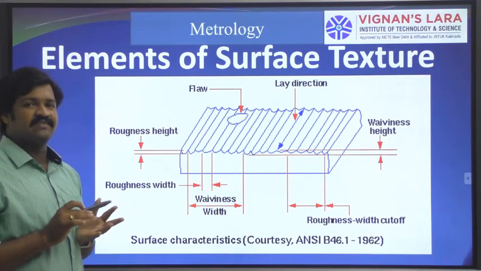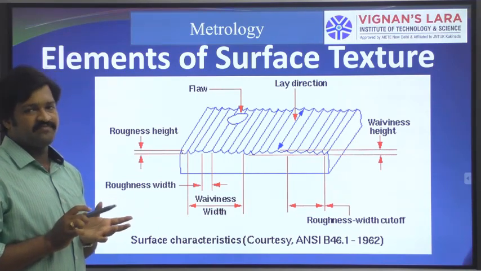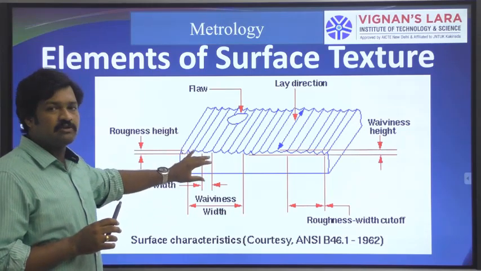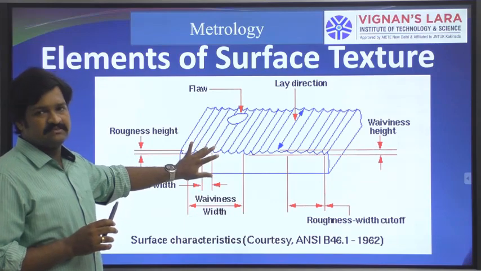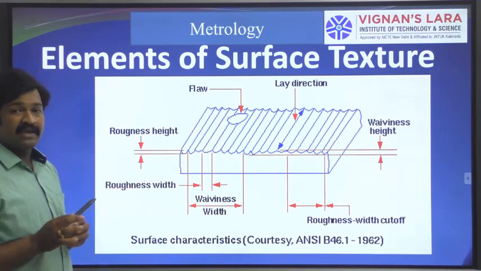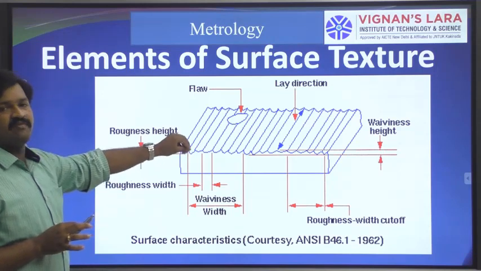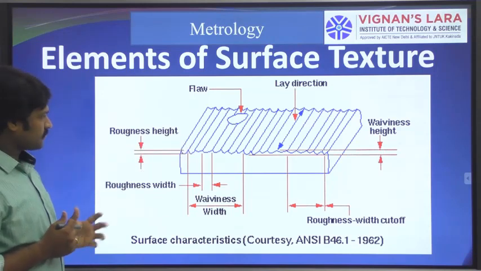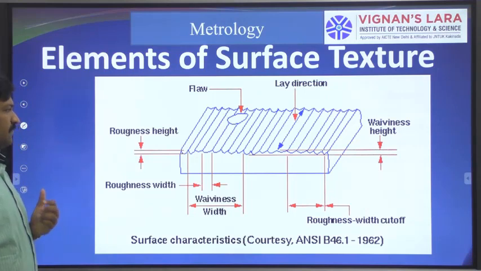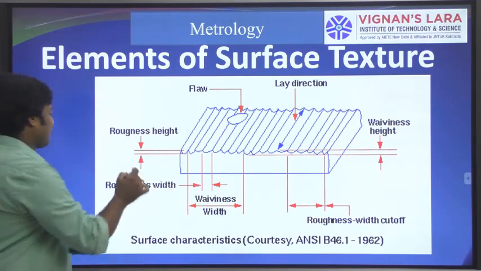That defines the surface finish or roughness of the component. If you observe any component, the surface or the topography will be like this, that is none other than the texture. Microscopically, the texture of the component will look like this. Now we will discuss the various elements of the component. That is roughness height.